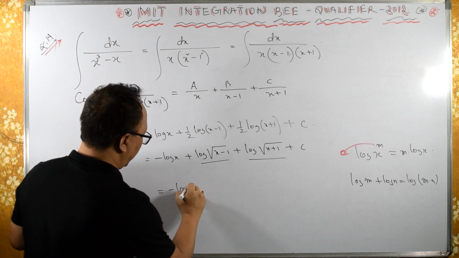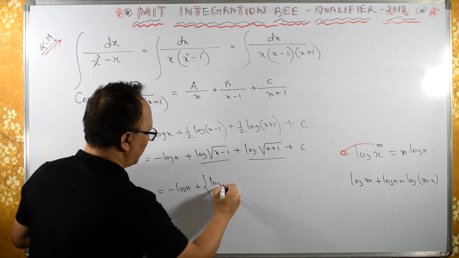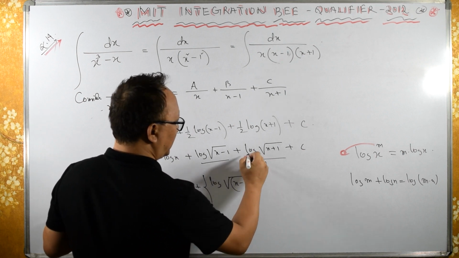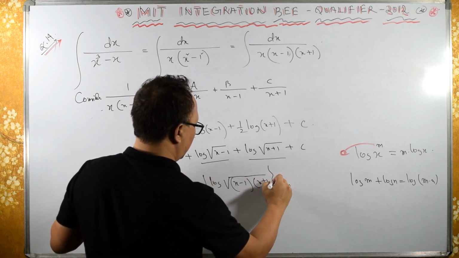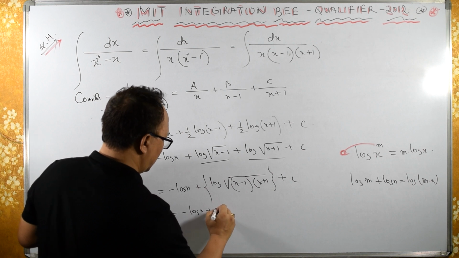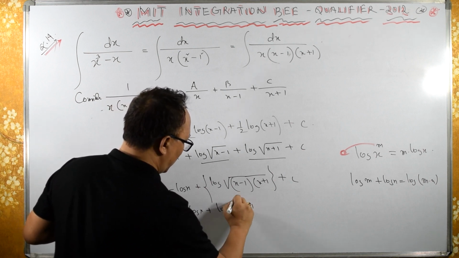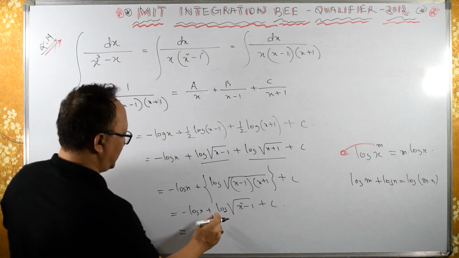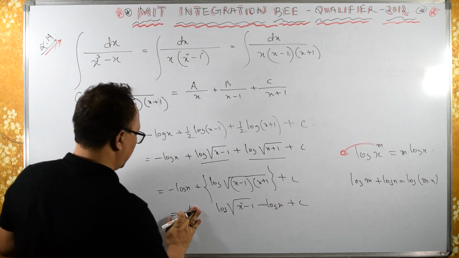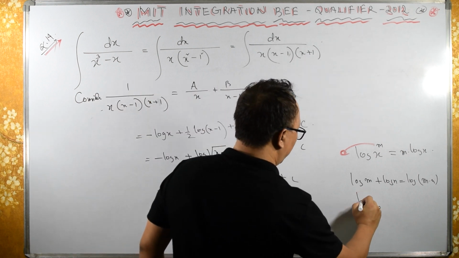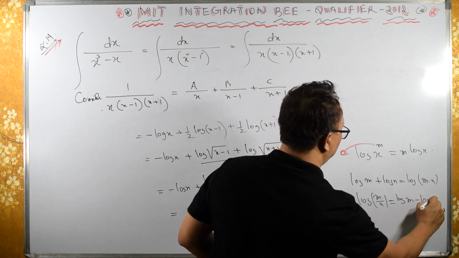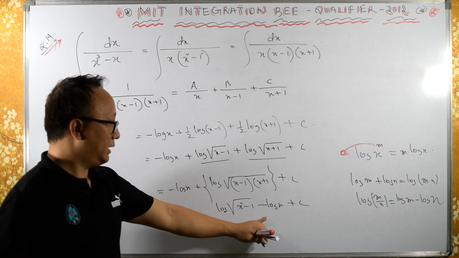Therefore minus log of x plus log of square root of x minus 1 into x plus 1 plus C. Here x minus 1 into x plus 1 is x square minus 1, so it is minus log of x plus log of square root of x square minus 1 plus C. Log of m by n is the same as log of m minus log of n, so log division is the same as log minus.